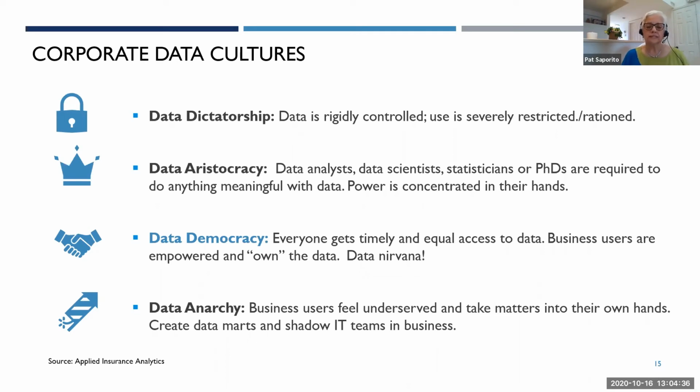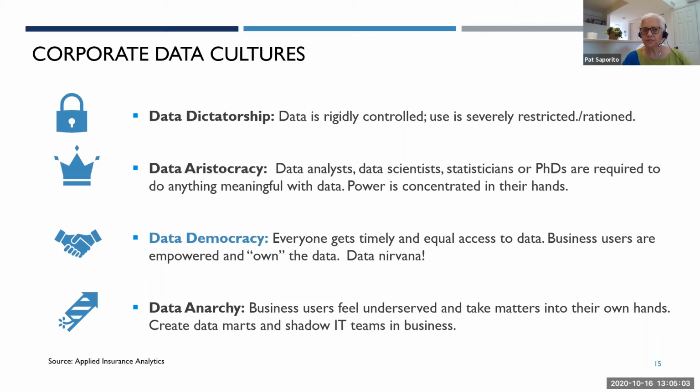And then lastly, the data anarchy. This is where the business users take control. They take data into their own hands because they're being impacted by that data dictatorship or data aristocracy. So you have data marts springing up like gophers all over the place, and they've got shadow IT teams.